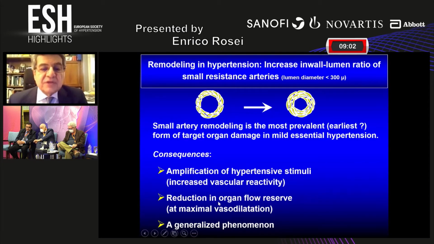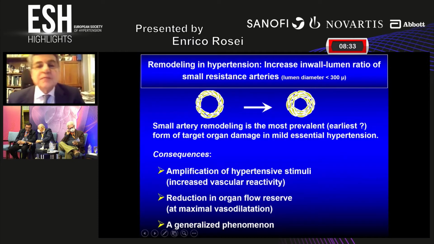There is a reduction in organ flow reserve that may be particularly important in some crucial vascular beds, such as the coronary vascular bed. So at maximal vasodilatation, the flow reserve is reduced. And this is also a generalized phenomenon. This remodeling has been found in several vascular beds, including the cerebral vascular bed and the coronary vascular bed.